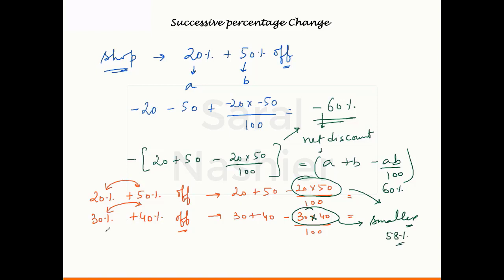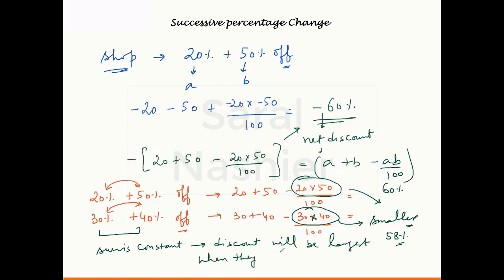So the rule is, if the sum is constant, in that case the discount will be largest when the numbers are closest to each other.